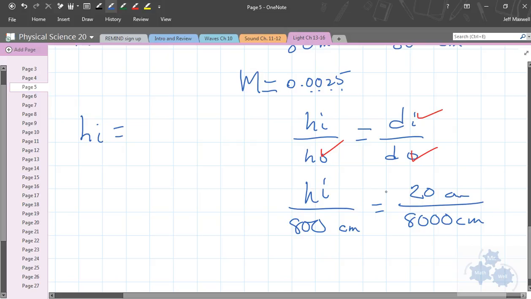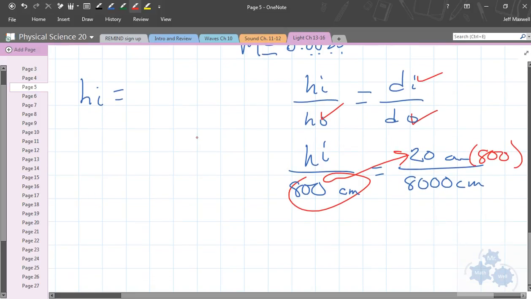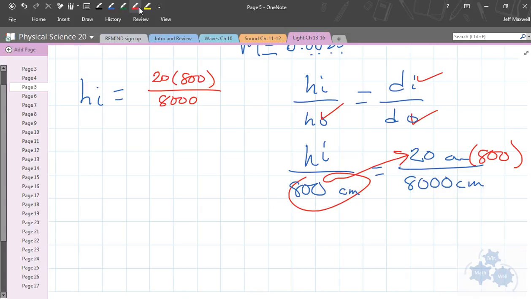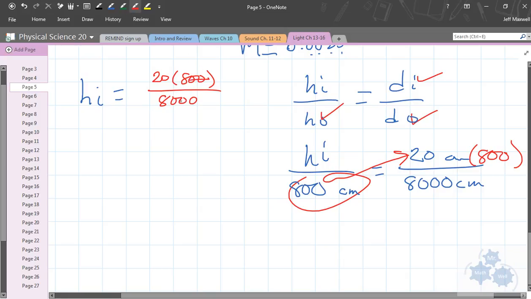So if you get to this point, you want to solve for HI, we multiply both sides by 800. Okay, so 800 comes up here. And this is what you have. You have HI equals 20 times 800 divided by 8,000. If you want to do this, 2 zeros there and 2 zeros there, it's like dividing both by 100.